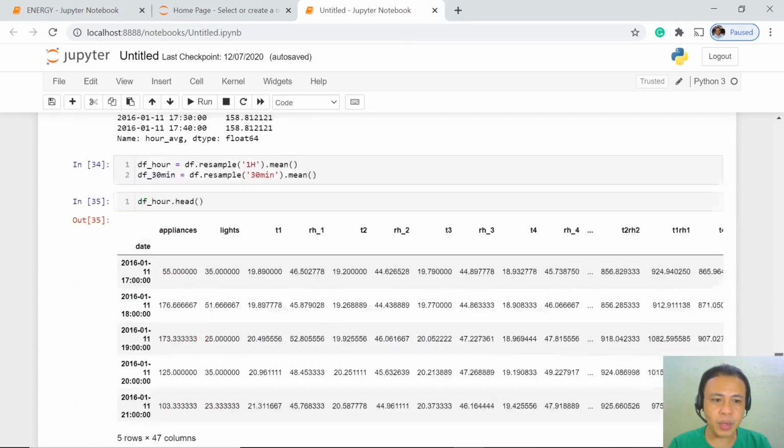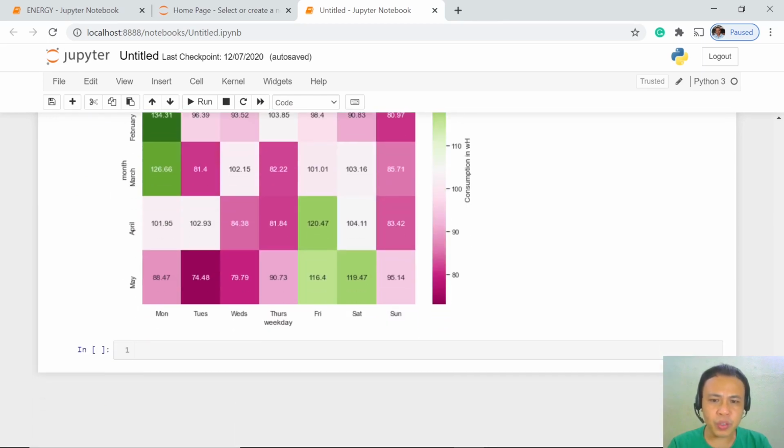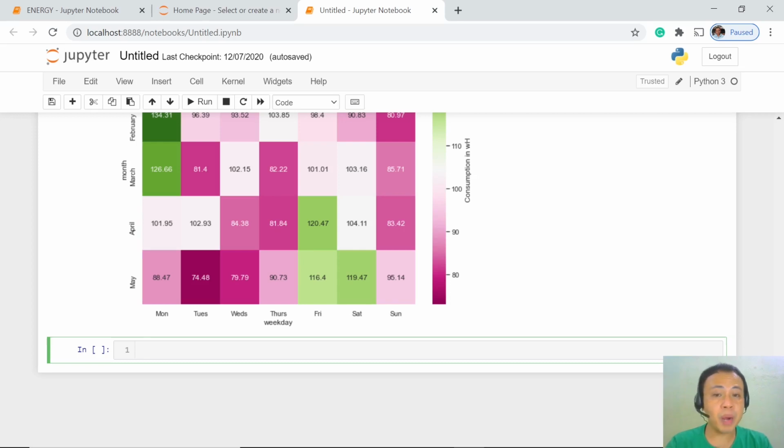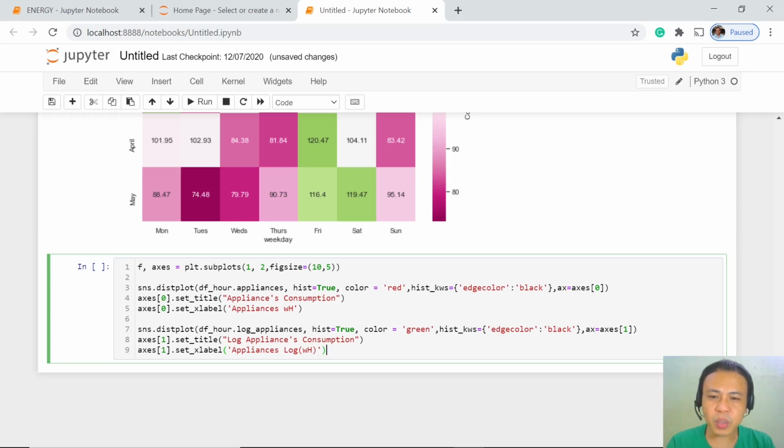Okay, so now what we're going to do first, so we could see the real picture and also make comparisons between the raw data and the one that is already transformed, is this. What we have here is that we're going to make a histogram of the appliance's consumption, again as we've said, for the raw data and the one for which there is already a transformation using the log function.